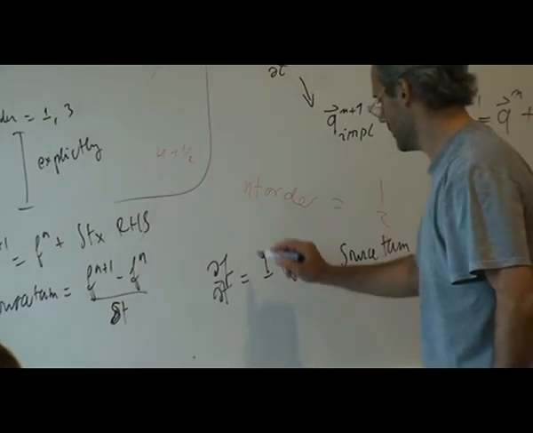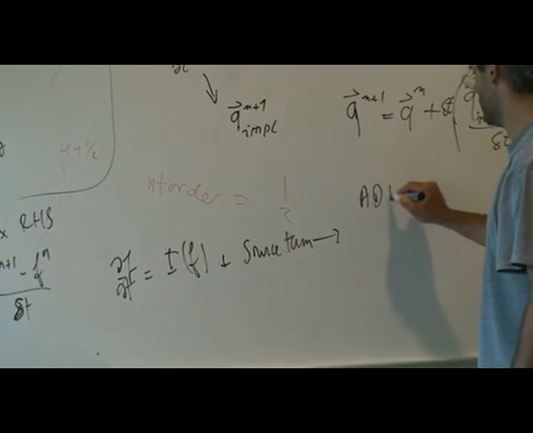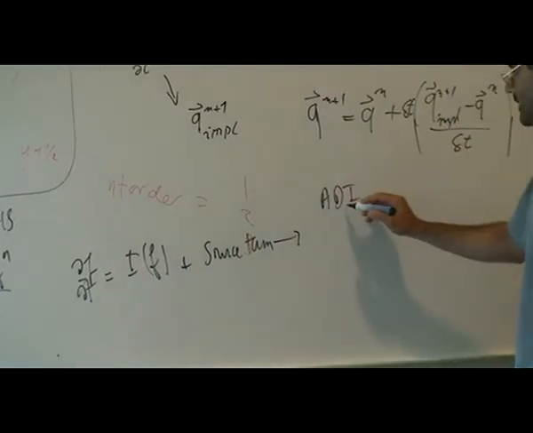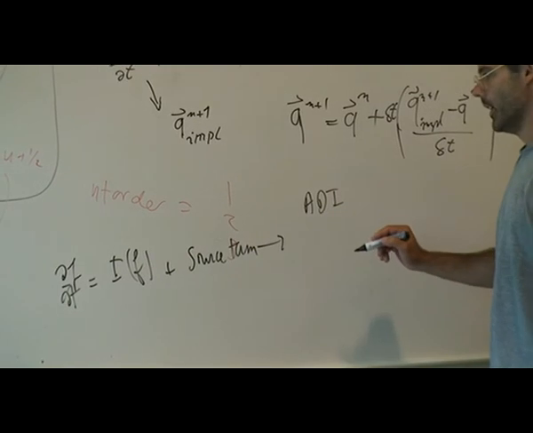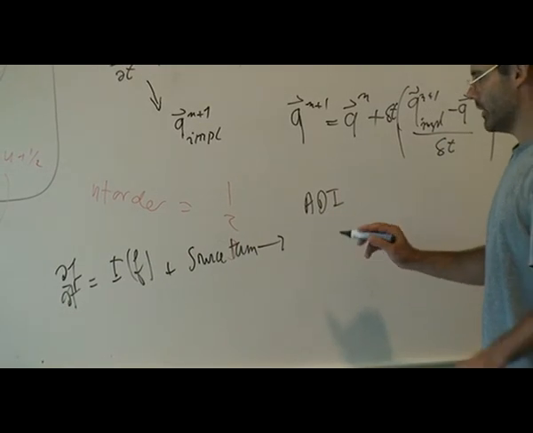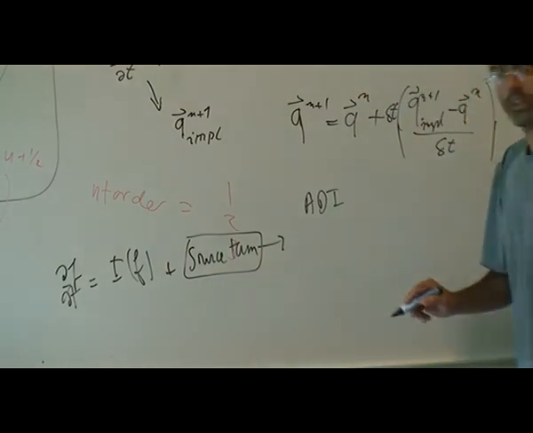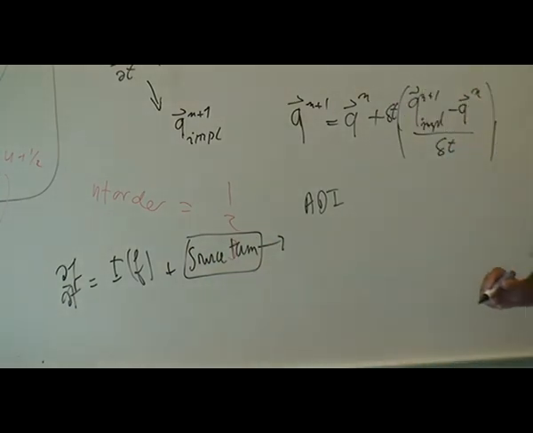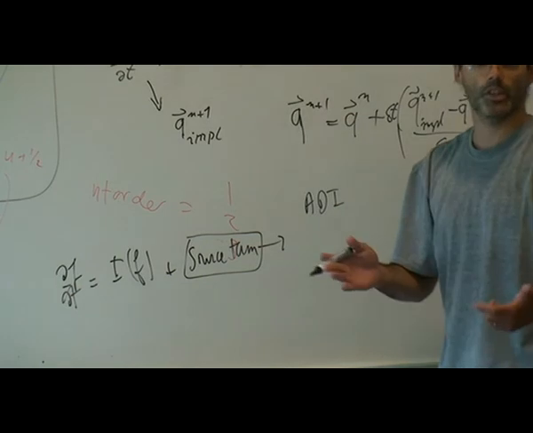And you solve this one using, for the moment, an ADI scheme, which is alternate directions implicit. The question is how much source term should be had in each direction. For the moment we put half of the source term in each direction.